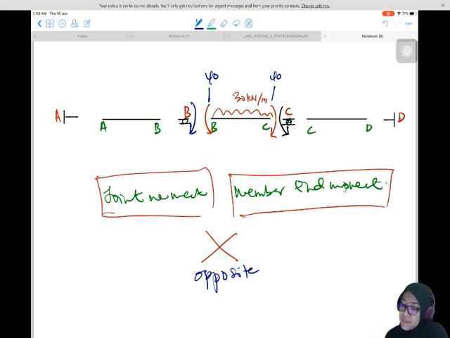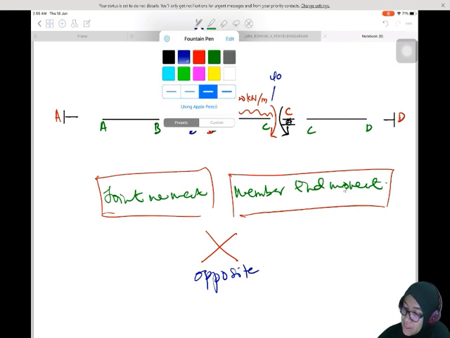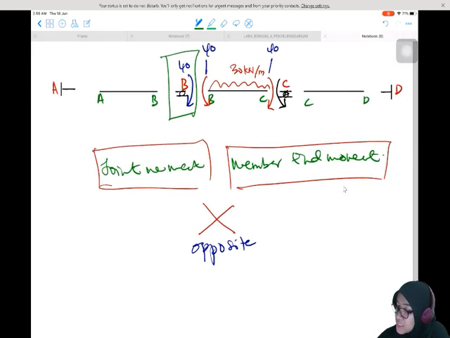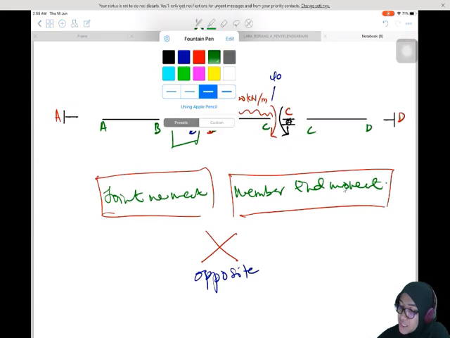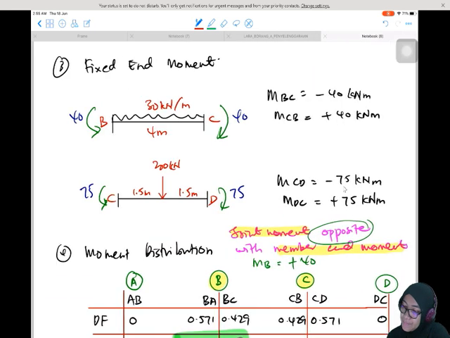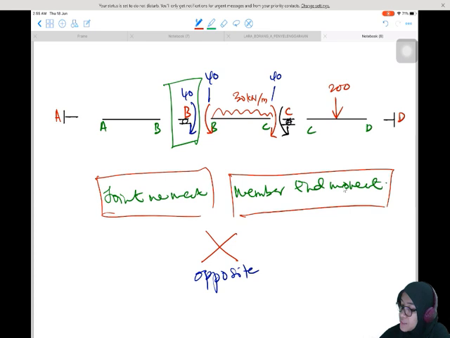Okay, so for AB, there is no value. So if this is negative 40, this is 40. So this one is joint moment. This is joint B. And for CD, we have point load, 200 here. We calculate the fixed end moment. It is equal to 75.